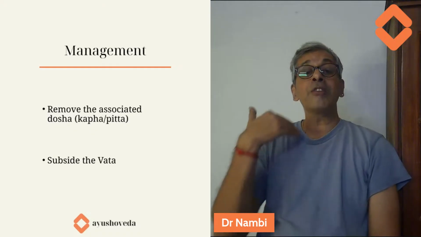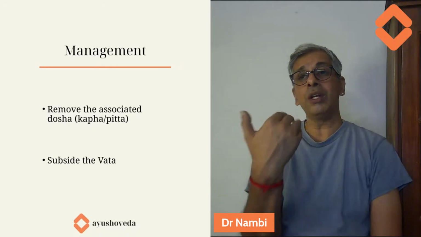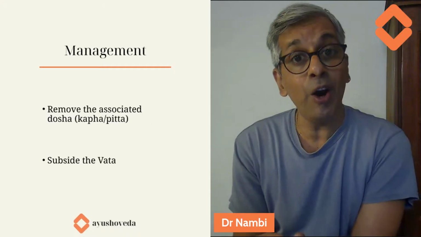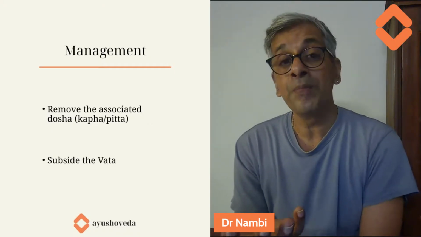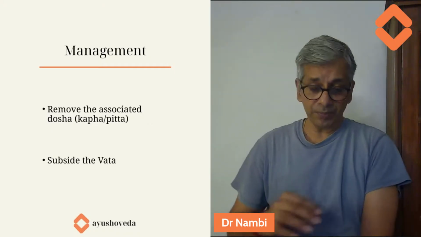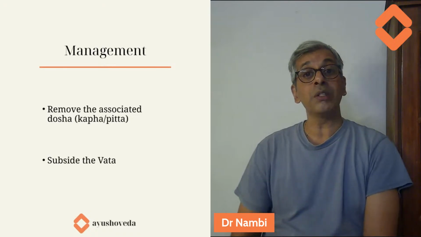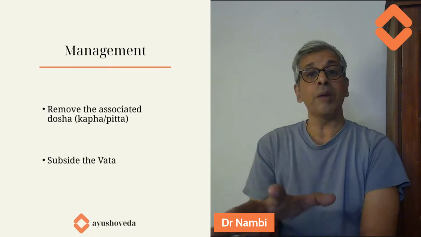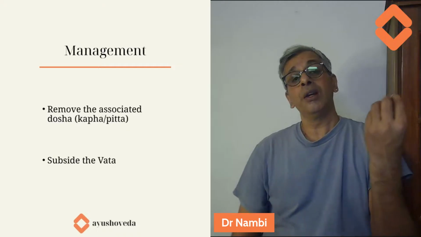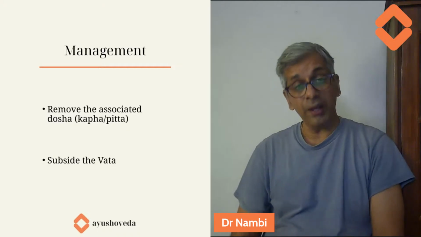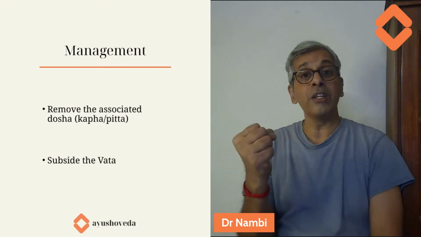Okay, if there is too much kapha, normally we don't do massage, or if there is too much pitta associated with it, because if there is kapha and you apply oil, you'll feel that the symptoms will slowly start going up. So you have to remove the kapha. For that, we use dhanya amladhara, or there might be churnas which we apply on the place so that the swelling is removed.